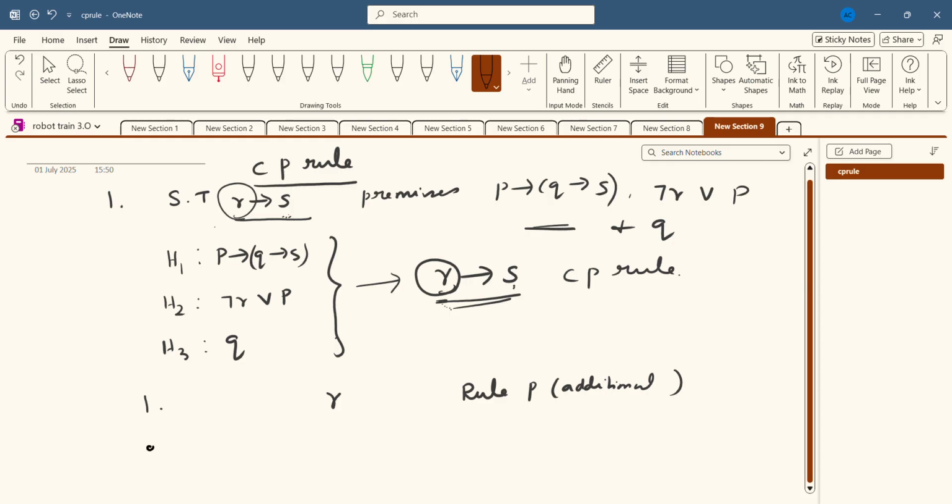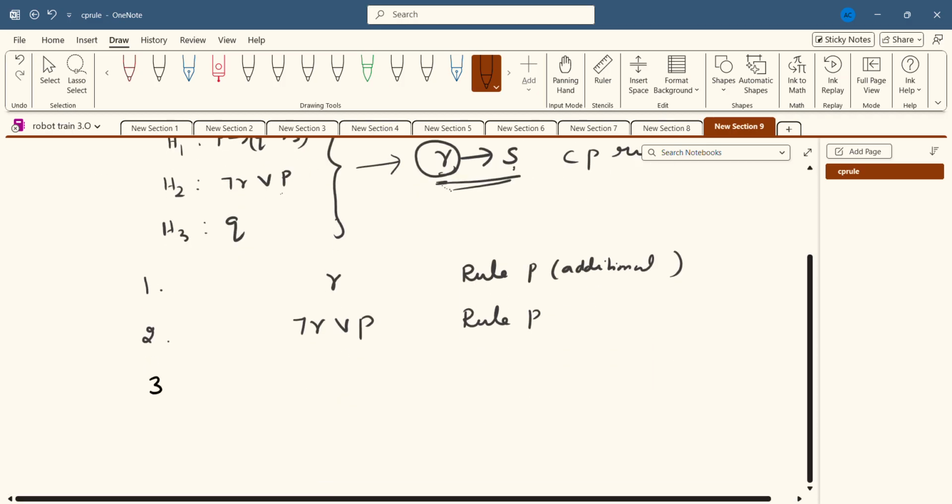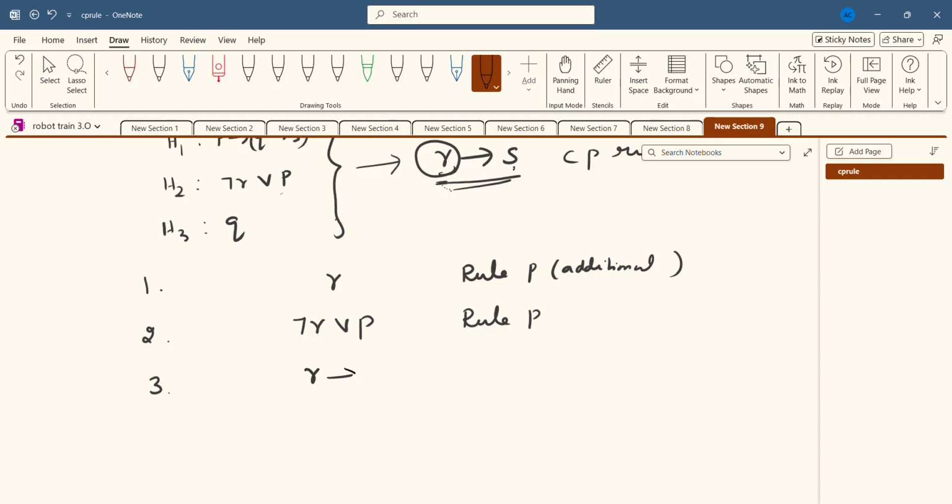Second statement: I am going to introduce another premise, negation R disjunction P. I can write rule P. Third one, I can use equivalence involving conditional, R conditional P, so I write rule T using statement 2. Did you remember?